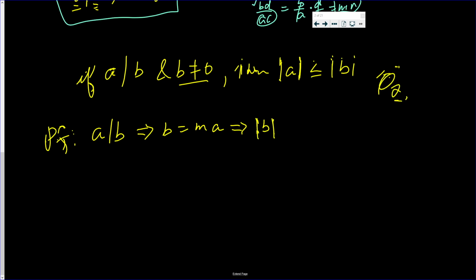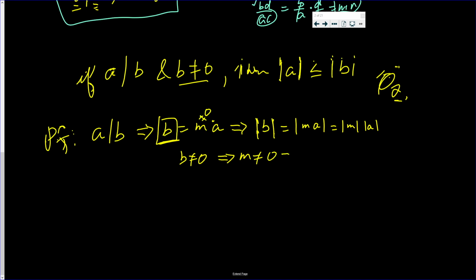The absolute value of b is equal to the absolute value of the right side. But the absolute value of a product is the product of the absolute values. Now, b is not 0. That implies m is not 0, because if m is 0, then 0 times a cannot equal the non-zero number b. So m is not 0.